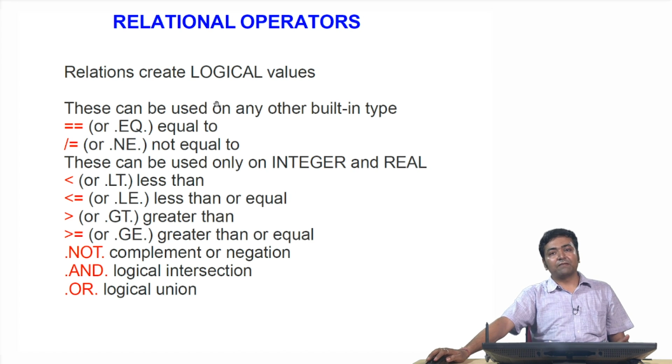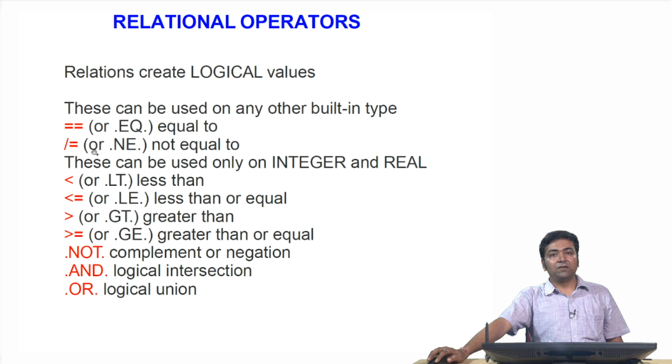Apart from the mathematical functions, you can also use logical expressions. For example, you can use double equals, or you can also write .eq. to say that this is an equal to operation.